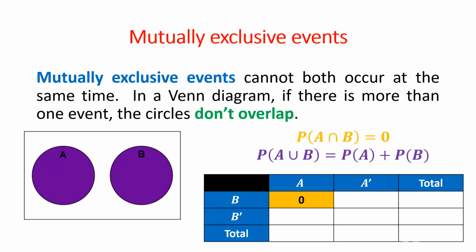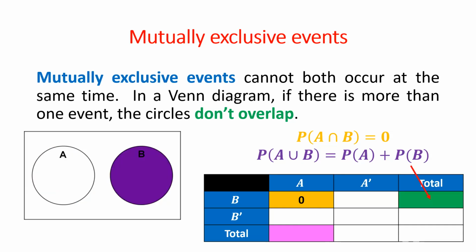But the probability of A union B, or we say probability of A or B, can be worked out by just adding up the probability of A plus the probability of B. The probability of A is this total here, plus the probability of B is this total. And if we added up those, we'd get the probability of A union B, or A or B.